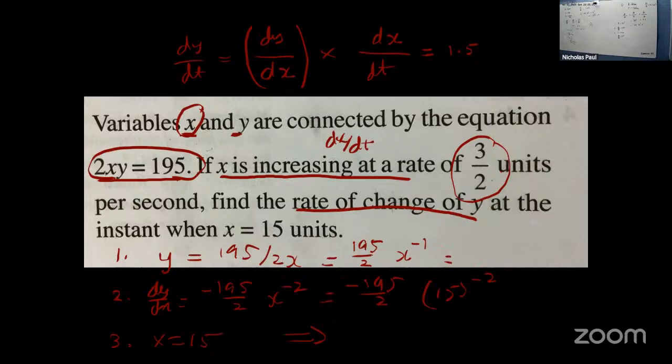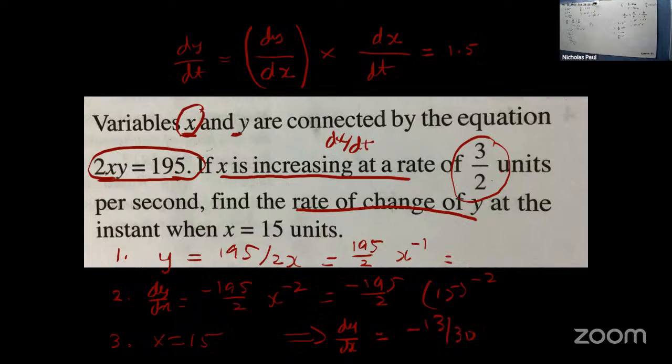Remember, you can tell me the exact value there. That's the dy dx. Tell me the exact value for dy dx. Negative 13 on 2.